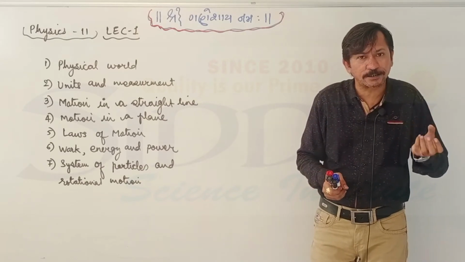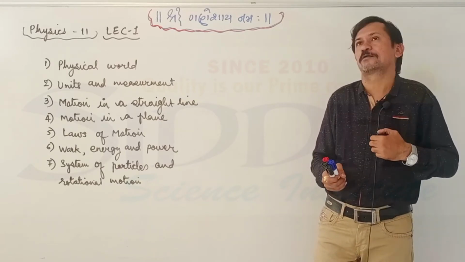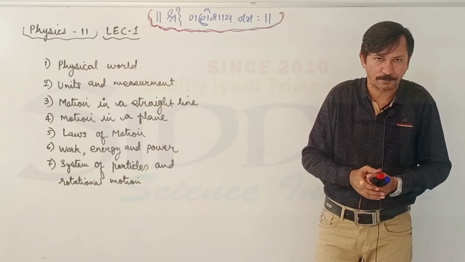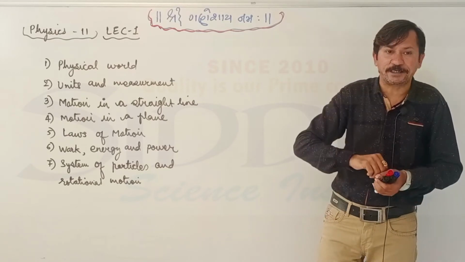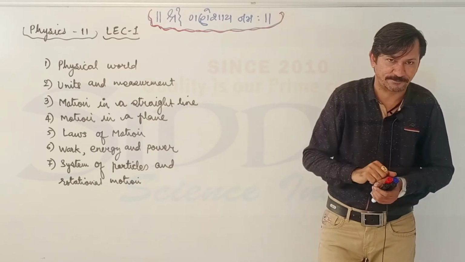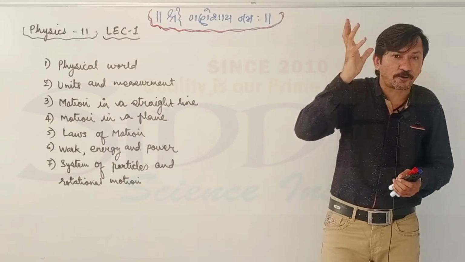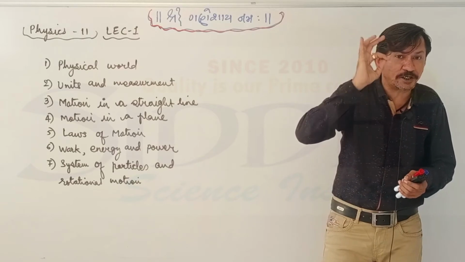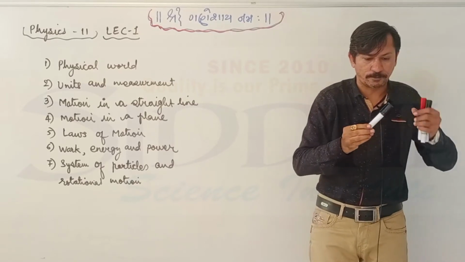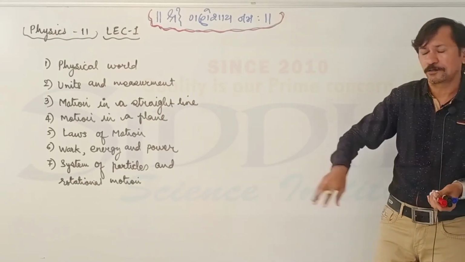And such a system of particles perform different types of motions. For example, our fan is an object, made up of many particles. When we switch on the fan, its blades start rotating without changing the place. The blades rotate about the axis, and axis is nothing but the shaft or the rod about which the blades are rotating. This type of motion is called rotational motion.